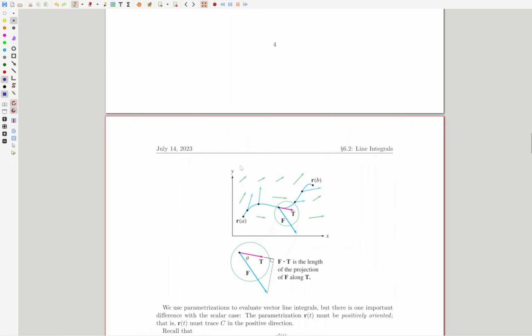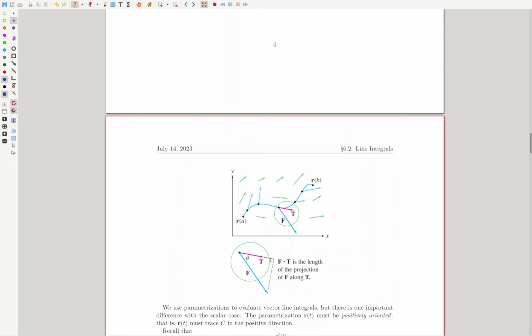So you've got some random vector field that is in green, and you have a curve, a line that you're traversing, and then along that line you have a tangent vector. And in blue, these are the parts of the vector field that are actually on the curve itself.